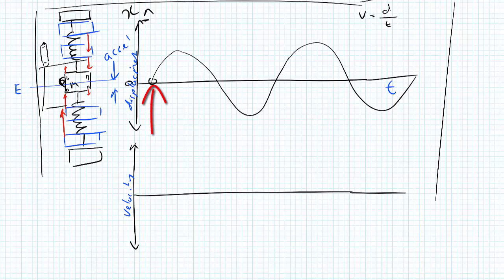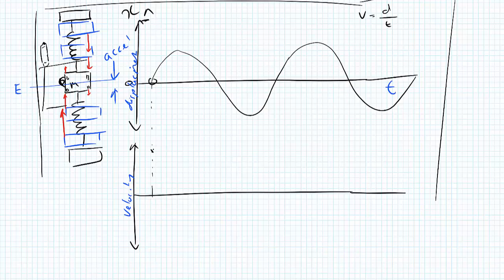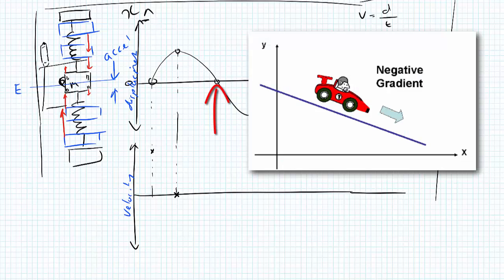Okay, now right here, the gradient is maximum and positive. So I would expect then, because maximum gradient would be maximum positive velocity, here we would have 0 gradient, which would mean 0 velocity, so get it lined up again. Okay, here we've got a high gradient, but it's negative, so this would be maximum negative velocity.